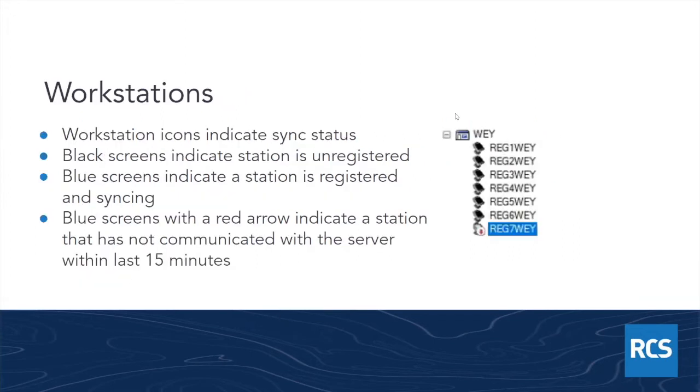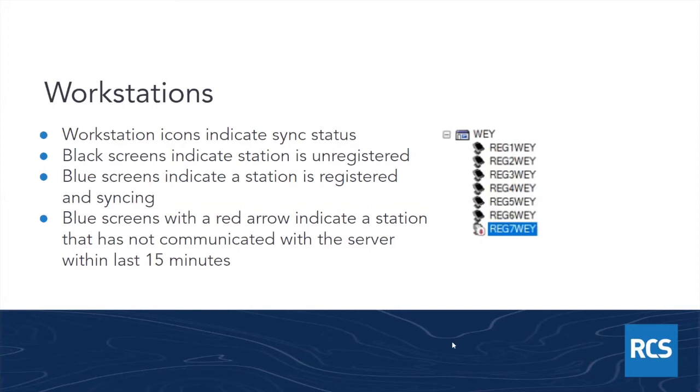Now, we can expand into the individual workstations by clicking on one of the store entries to expand. And you'll see a list of workstations in the store. Now, each of these is a station entry in Counterpoint. If you see a black screen, it means it is not registered as an offline station.